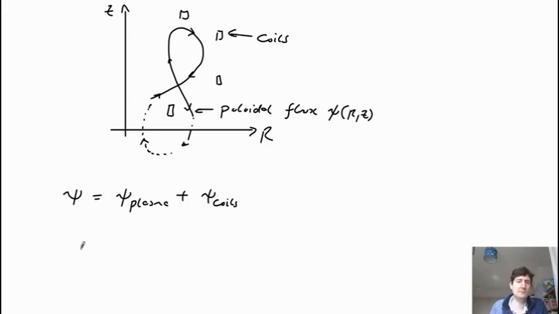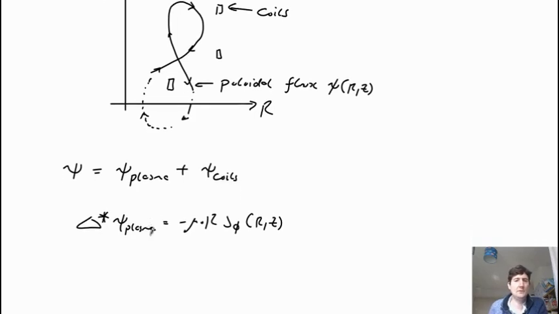So the plasma part is due to the Grad-Shafranov equation. So here we have delta star psi plasma equals minus mu naught R J phi. So it's some function of R and Z. So this is the toroidal current in the plasma. We then have the coil component.